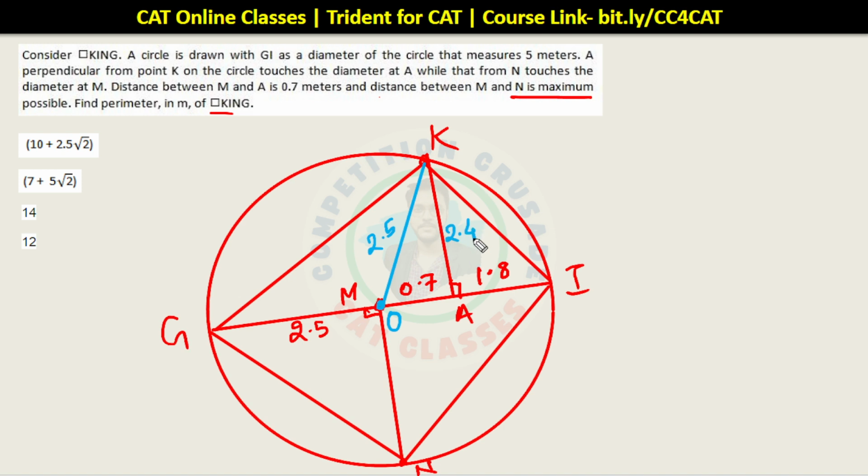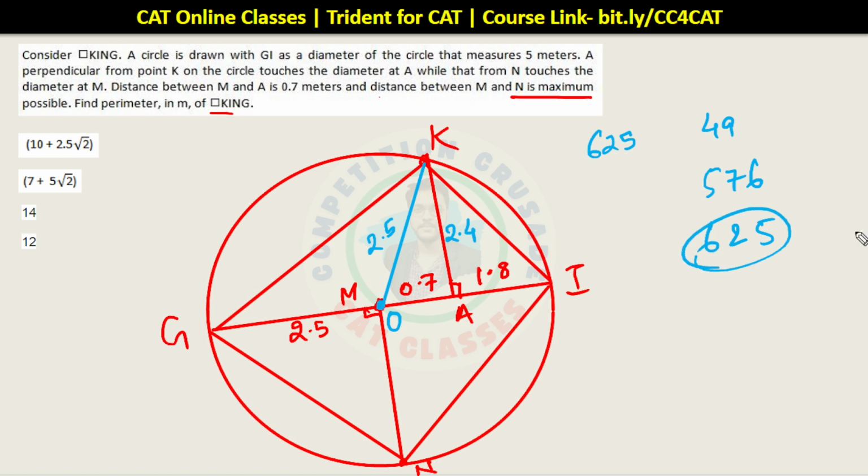Let me verify myself once. 25, 24, 7 is a triplet. 25 squared is 625. 7 squared is 49. 24 squared is 576.